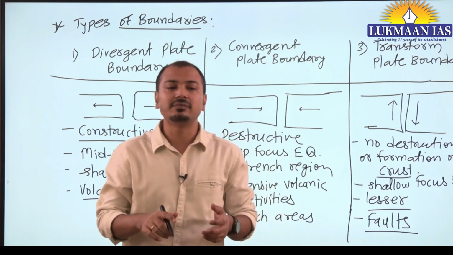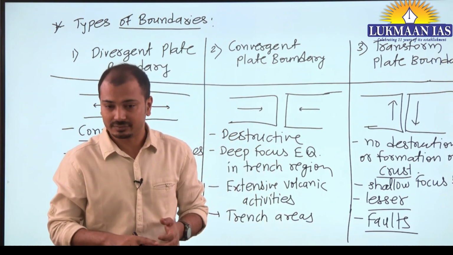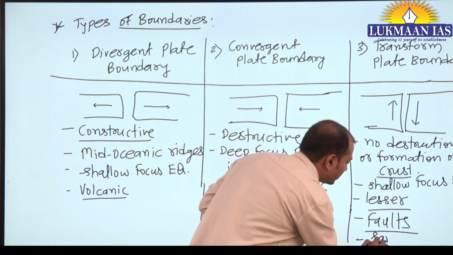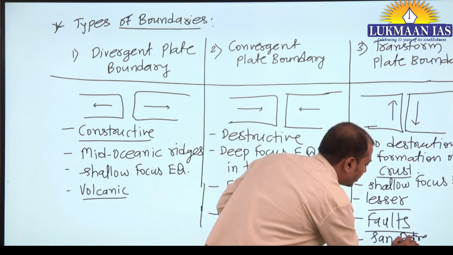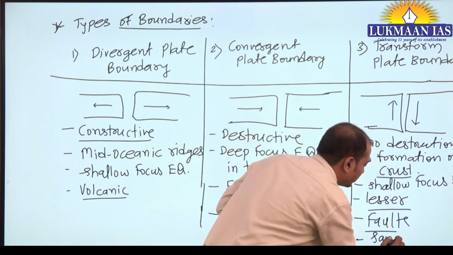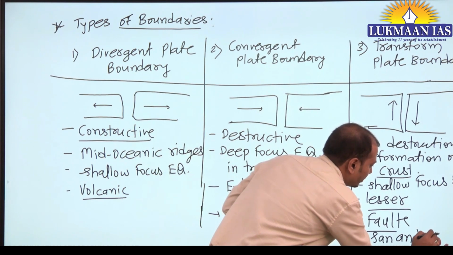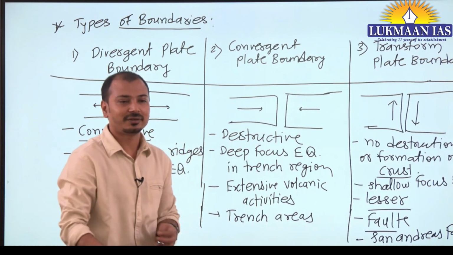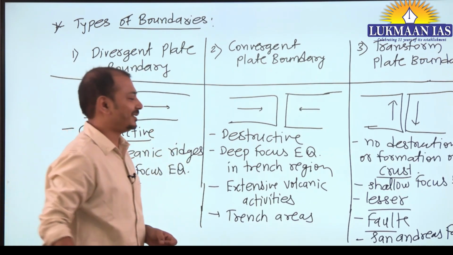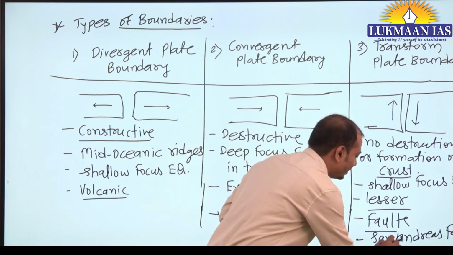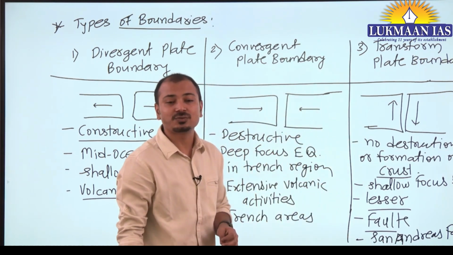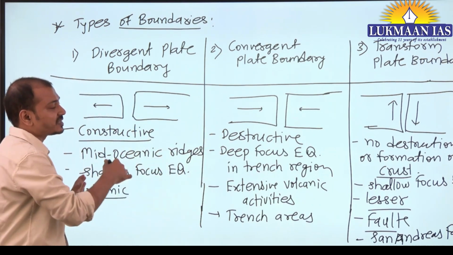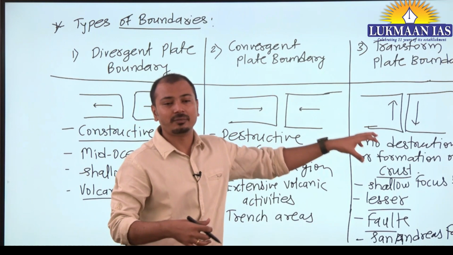energy. Sometimes that is released as earthquake. The best example you can give is the San Andreas Fault. A movie was made on it; if you remember, The Rock was in it. So we remember that first. Just now we have seen in the diagram, it is located between the Pacific plate, Cocos plate and North American plate.